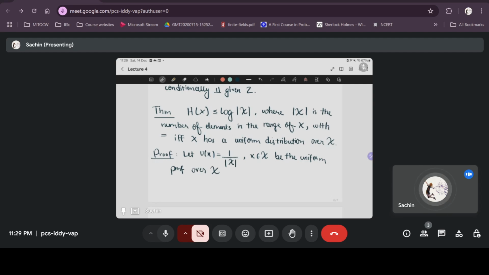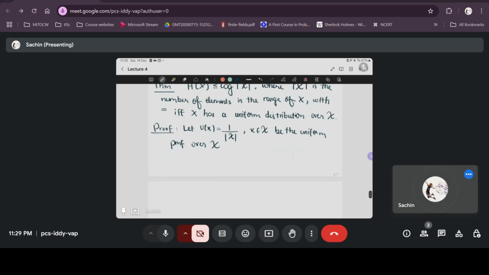So if in the previous example for the rolling of a die, script x was equal to 0 or 1, in a uniform distribution this will have probability half and this will have probability half. So the outcome will be an odd number with an equal probability as the outcome being an even number.